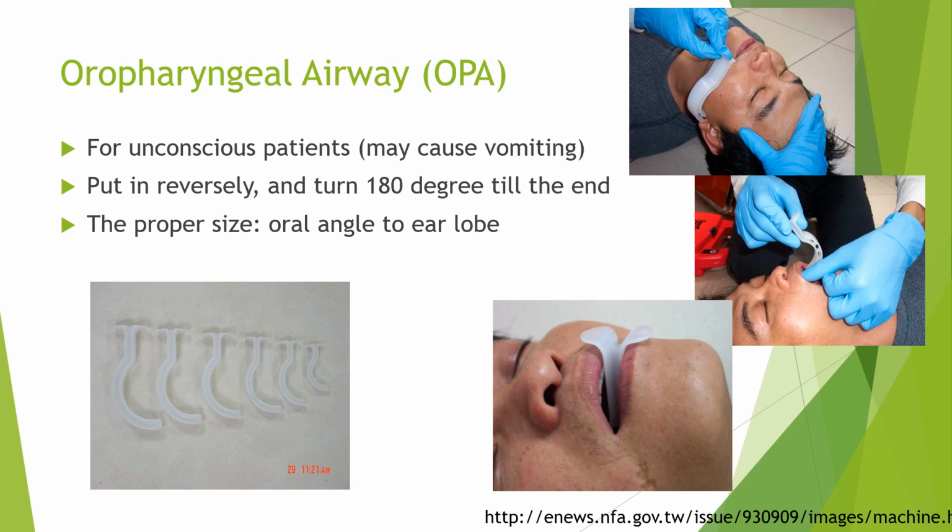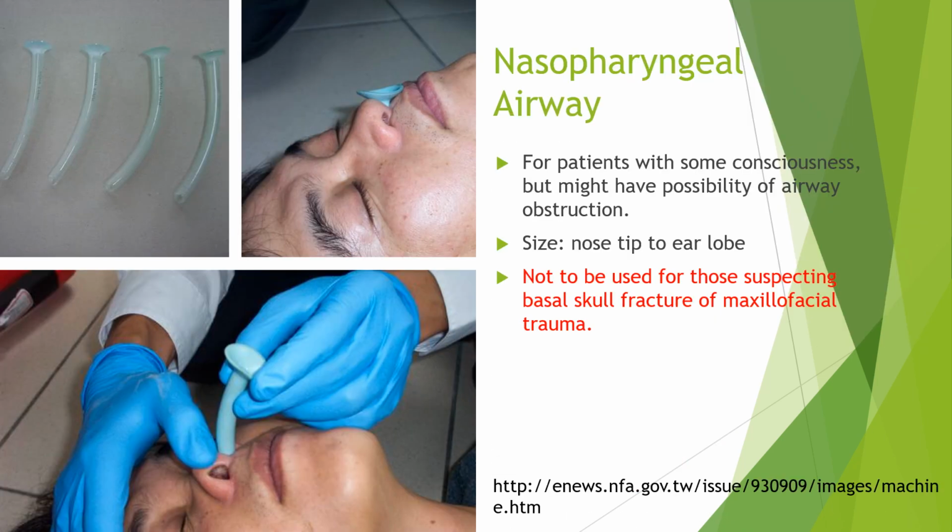We should measure the length properly, from the oral angle to the earlobe for the proper size. When you put it in, insert it reversed into the mouth and turn 180 degrees until the end. If we have a chance, you can practice that.